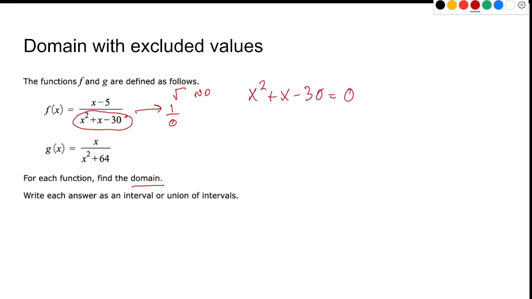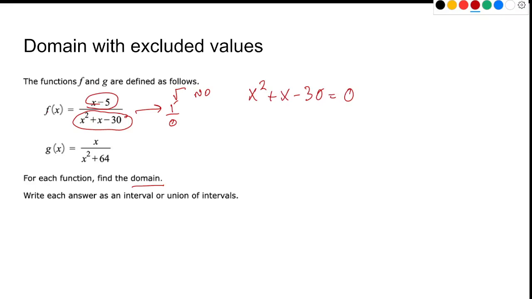And then we're going to exclude those values of x that create a 0 from this. It doesn't matter what happens in the numerator. It could be 0 at the same time. It could be 1, 2, could be negative. It can be anything because whatever real number we have for x, we can always subtract 5 from it.